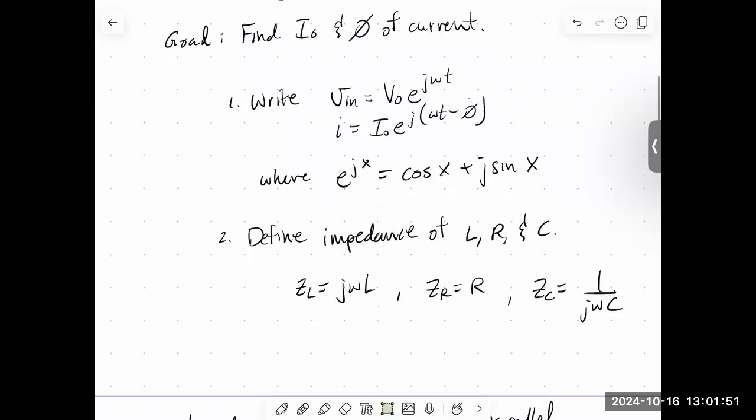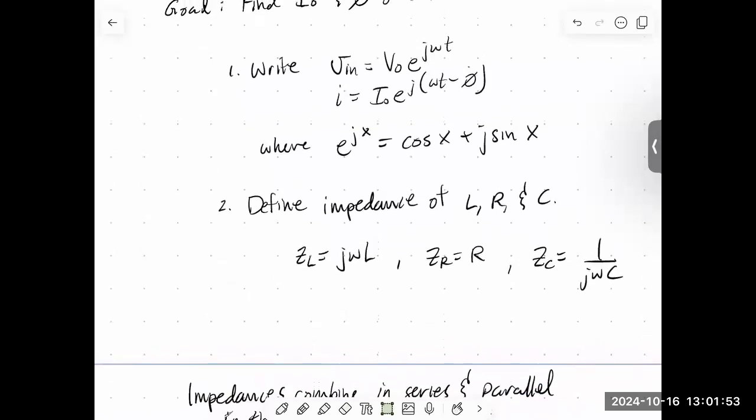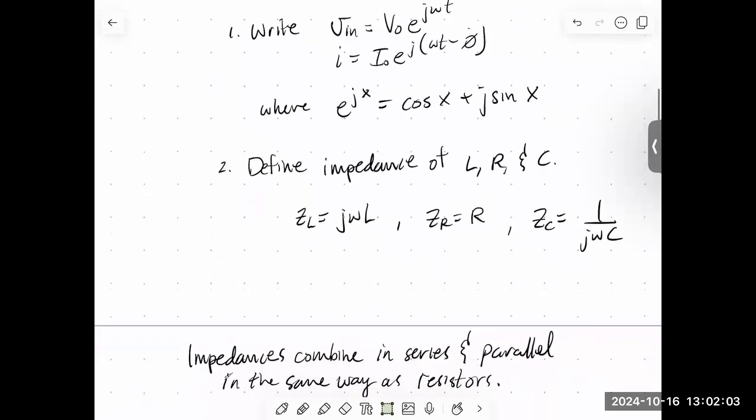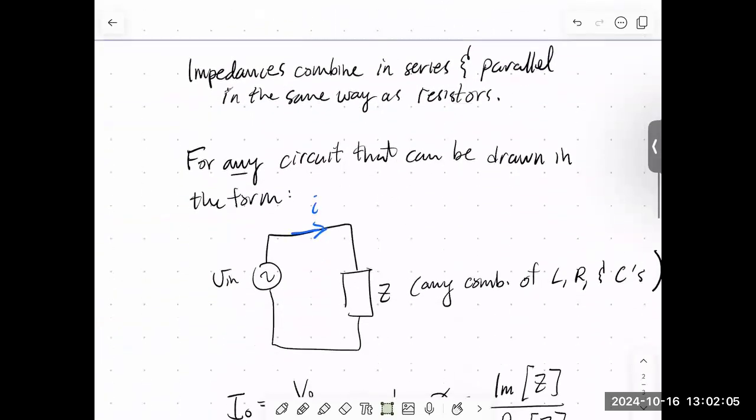And what we ended up doing is we defined these quantities, j omega L to be the impedance of the inductor, 1 over j omega C to be the impedance of the capacitor, and if we wanted to, we could say the impedance of the resistor is just R. Impedances are going to combine in series and parallel exactly in the same way they do for resistors, so we don't have to do anything new there.